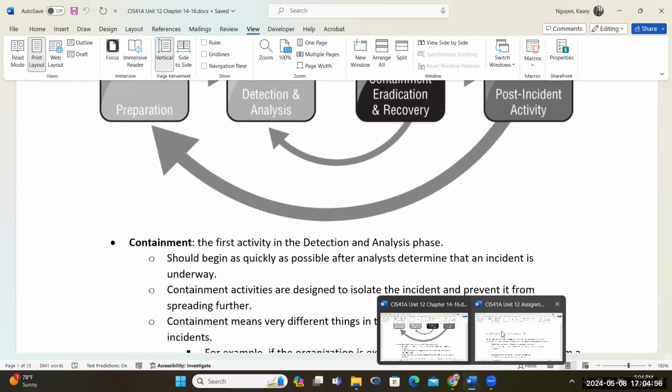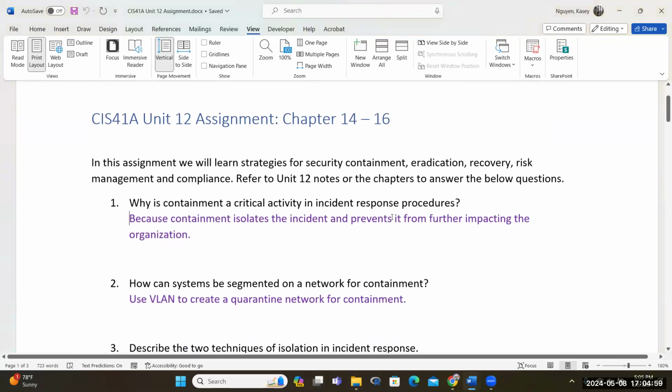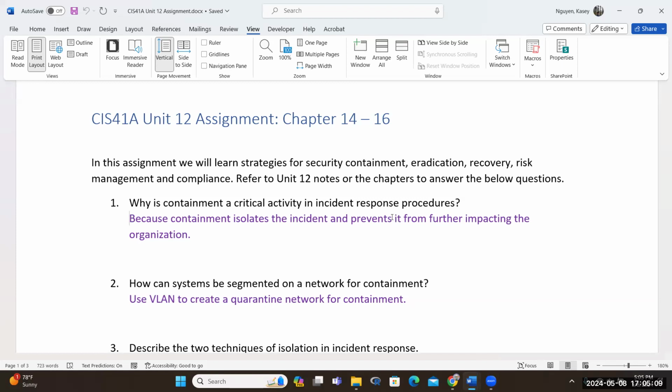So in the first few questions, the first question asks, why is containment a critical activity in incident response procedure? Containment is really a way for us to make sure that the incident doesn't go beyond its scope or its bounds. So the answer would be because containment isolates the incident, whether it's a malware incident or a breach, and prevents it from further impacting the organization.